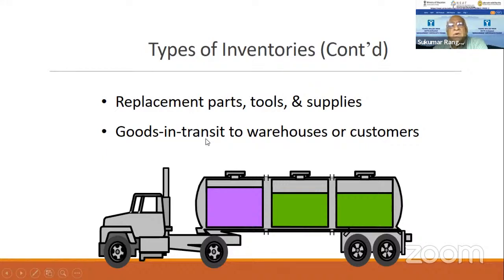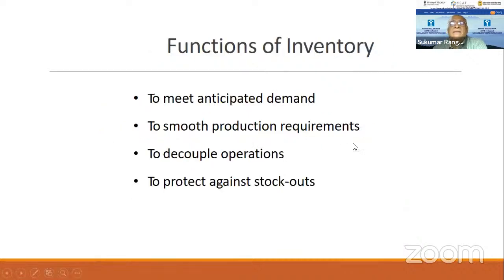Inventories are also in the form of goods in transit to warehouses and to customers, because the total chain till it reaches the customer is all inventory. Functions of inventory: to meet an anticipated demand, because that creates a buffer; to smoothen production requirements; to decouple operations, because like in an operation, from one process it goes to the next process.